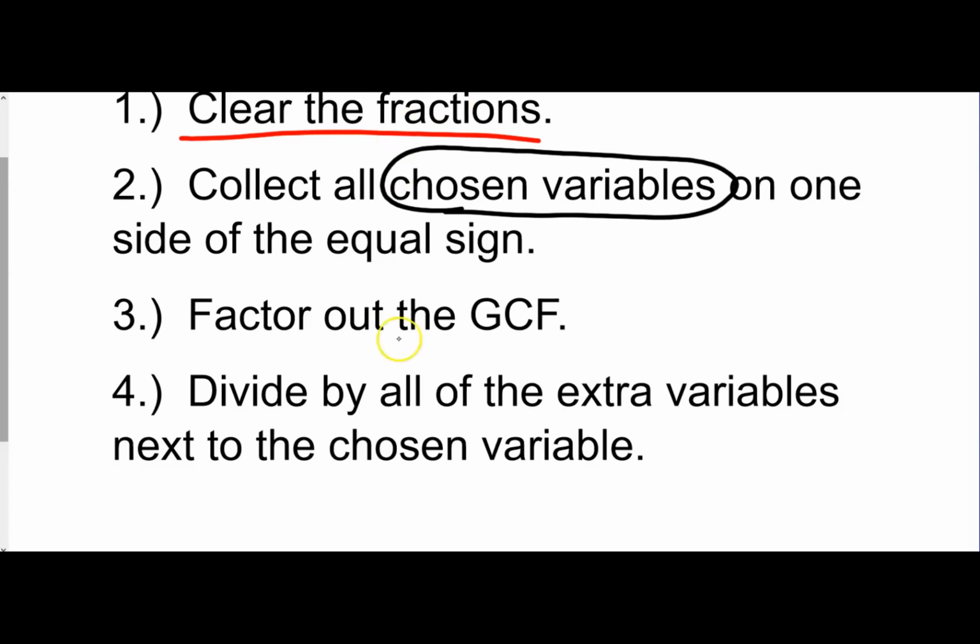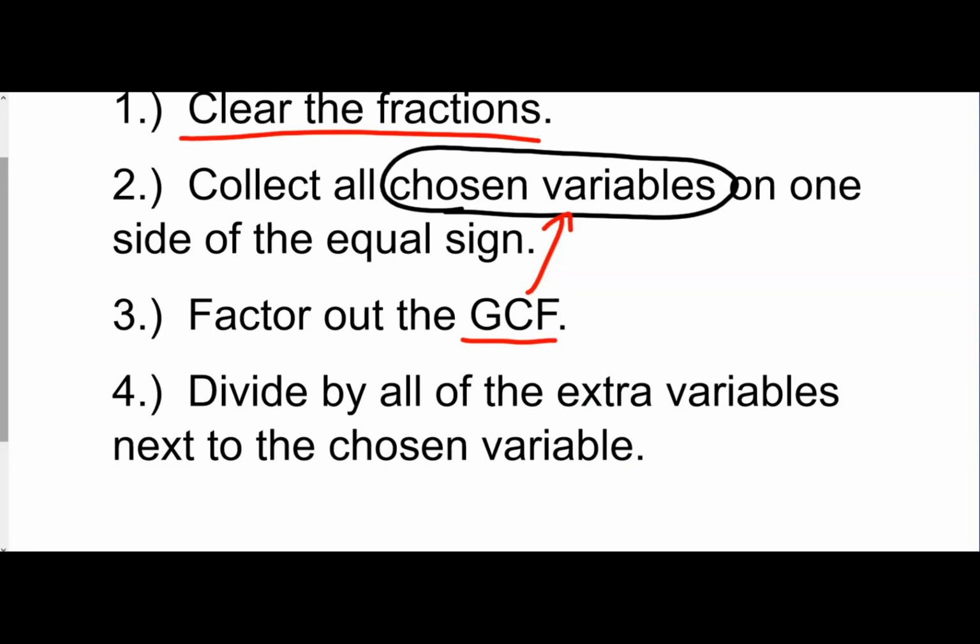And once you do that, you'll actually see that sometimes you'll have your chosen variable appearing twice. And if that chosen variable appears twice, you're going to pull out a GCF, which will actually be that chosen variable. Again, if you don't understand that, you're going to see that here in a second when I walk through some problems with you.